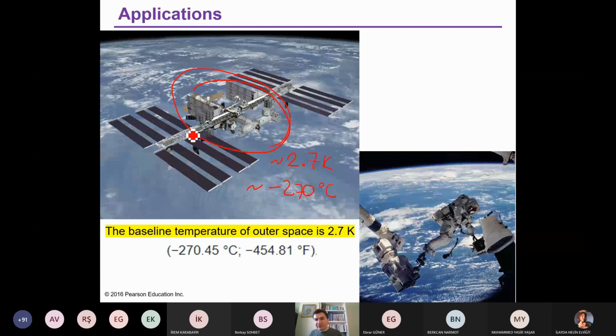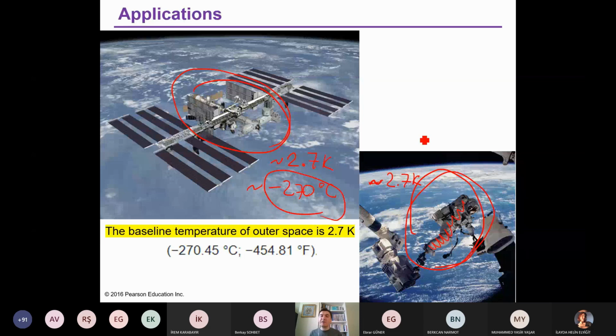And look at the astronaut here. He or she is repairing something in the International Space Station, and the outside temperature is roughly 2.7 Kelvin. Very low temperature, and you need thermally insulating materials.